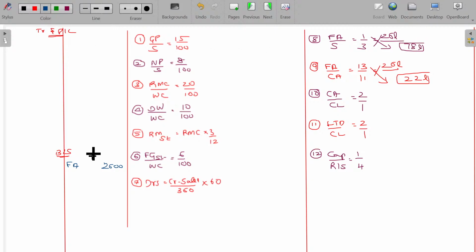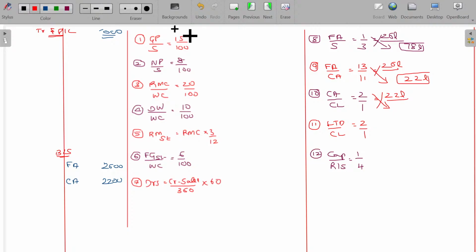Okay. So we have been given current assets also. The current assets value is 22 lakhs, 2200, here in thousands. The current assets we calculated from working note number 9 can be posted here.